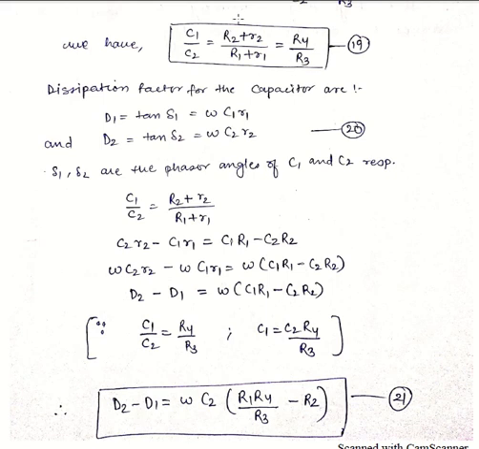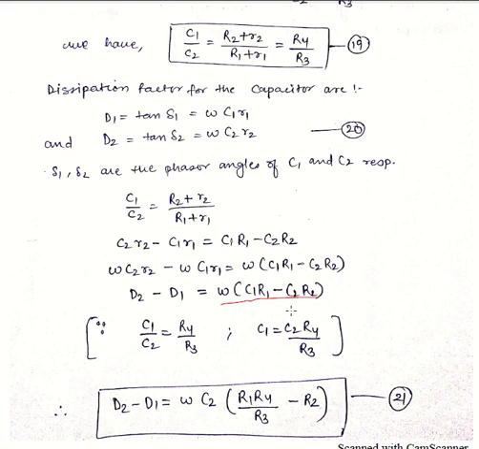From the above equation, we have C1 by C2 is equal to R4 divided by R3. So C1 is equal to C2 R4 divided by R3. By putting this value in this equation, first we'll make C2 a common factor from this part. So we'll have D2 minus D1 is equal to omega C2. Why are we replacing it? Because C1 is an unknown parameter.